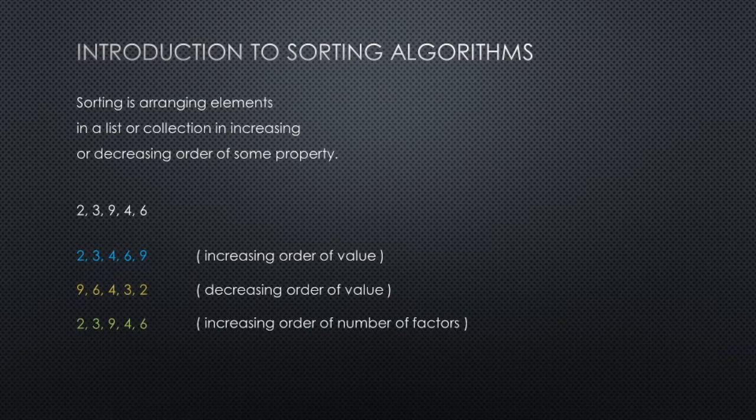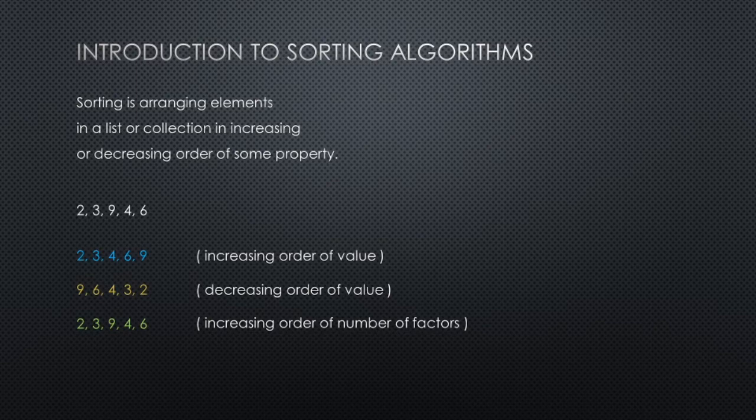If you see, 2 has got 2 factors, 1 and 2 itself. 3 also has 2 factors, 1 and 3 itself. 9 has got 3 factors, 1, 3, and 9 itself. 4 again has 3 factors, 1, 2, and 4 itself. 6 has got 4 factors, 1, 2, 3, and 6 itself. When we sort the list, we just rearrange the elements.